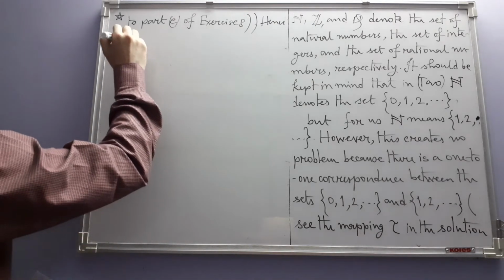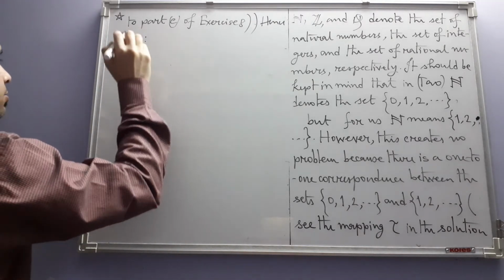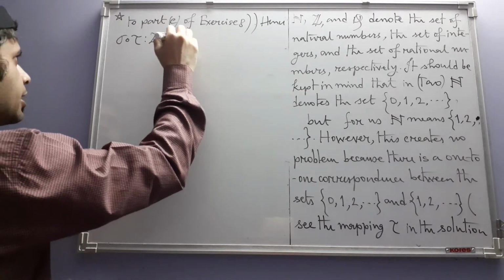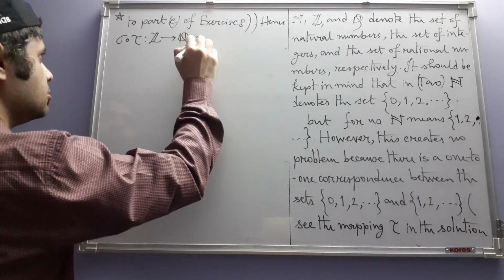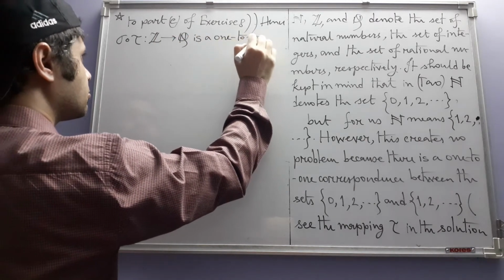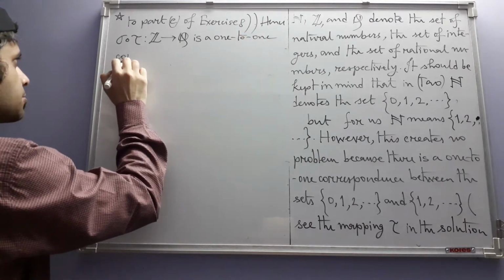So hence sigma composition tau from the integers into the rational numbers is a one-to-one correspondence.